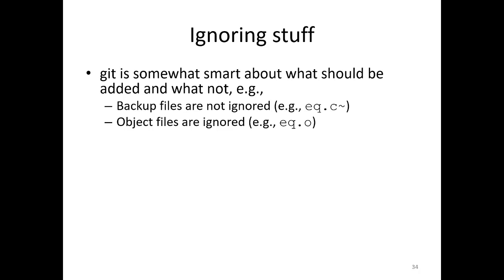There are some things which you definitely don't want to store in your repository, and Git is reasonably smart about what it should add and what it should not add, but you can make that very explicit. For instance, if you use Vim or other editors that make backup files, you definitely don't want those in the repository. So things like eq.c tilde should not go into the repository.